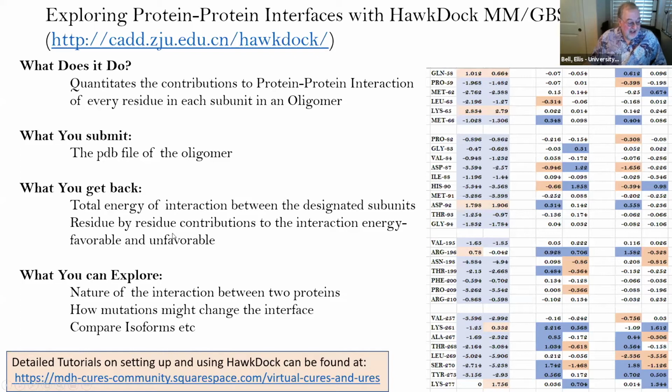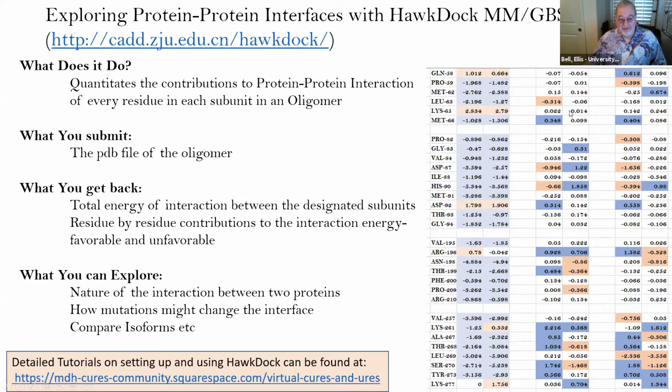And of course, it's always appropriate to point out, and you can see in this table, the red ones, this is typical output. So you have some unfavorable interactions and you have favorable interactions along the interface. This is the residues in the interface and the favorable or unfavorable interactions.